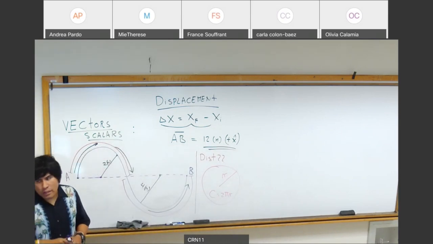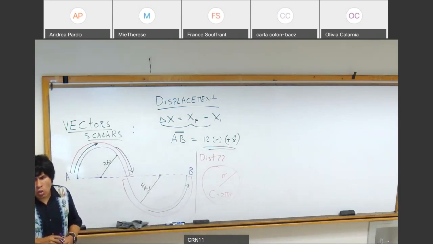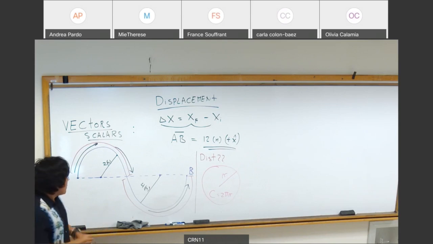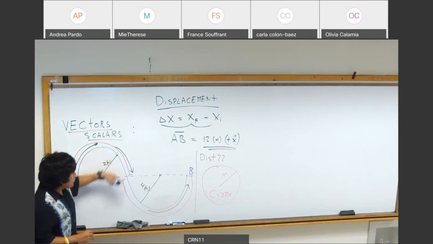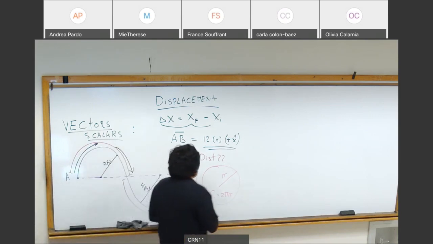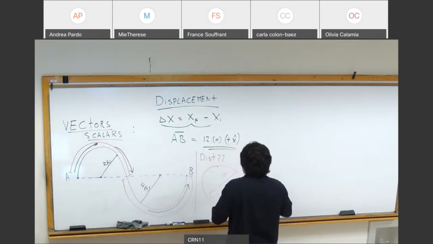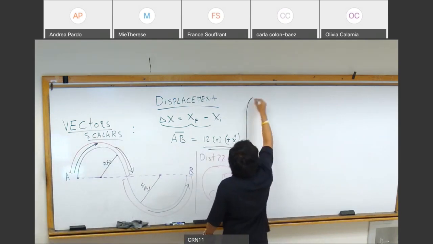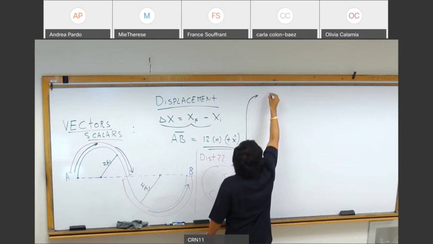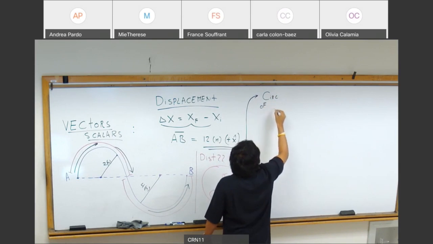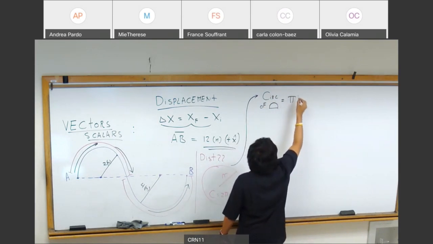That means I can find the distance traveled. We have the circumference of this and of that. Those are semicircles, so using this equation, the circumference of a semicircle is equal to pi r.